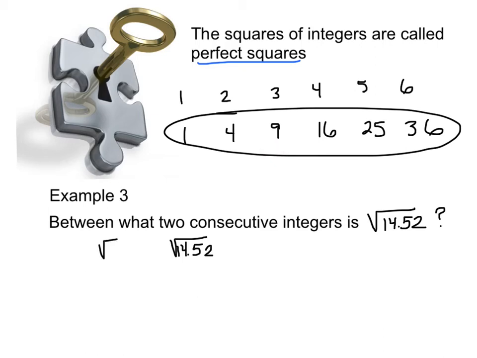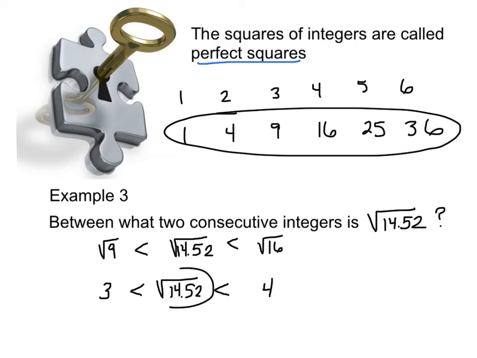So if you took the square root of 9 and the square root of 16, which are perfect squares, it's between them. The square root of 9 is 3. The square root of 16 is 4. So the square root of 14.52 is going to be between the two integers 3 and 4. So our answer is between 3 and 4.